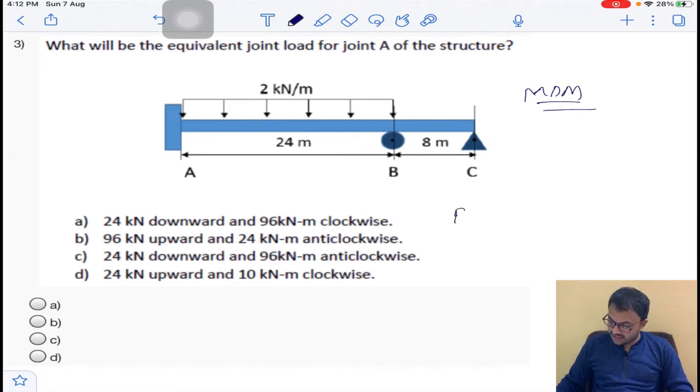At joint B, the members are BA and BC. When the far end is fixed, relative stiffness K is I by L, where L here is 24. When the far end is hinged, as end C is hinged, relative stiffness is 3/4 of I by L, where L is 8.